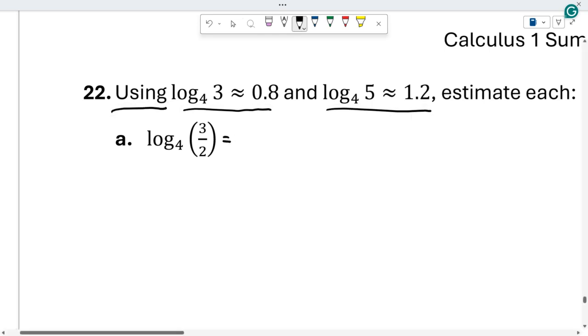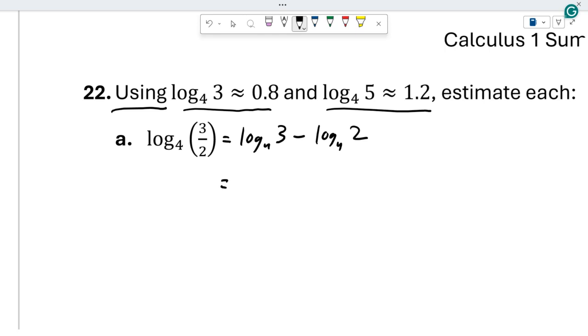The quotient rule says that the log of a quotient is equal to the difference of the log of the numerator and the log of the denominator. So using the quotient rule, I can break this up into the log base 4 of 3, minus, and that minus comes from the fact that we're dividing, the log base 4 of the denominator, which is 2.